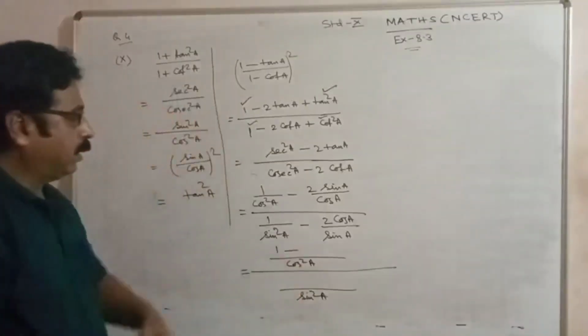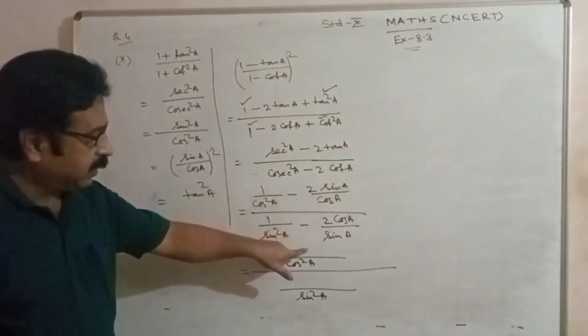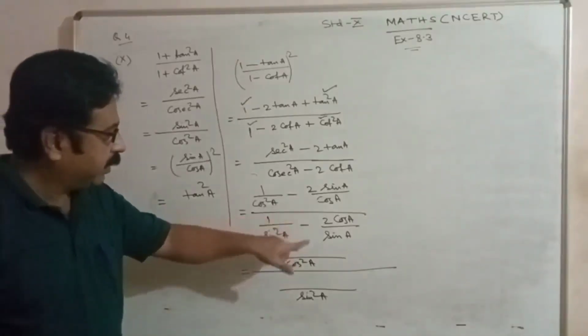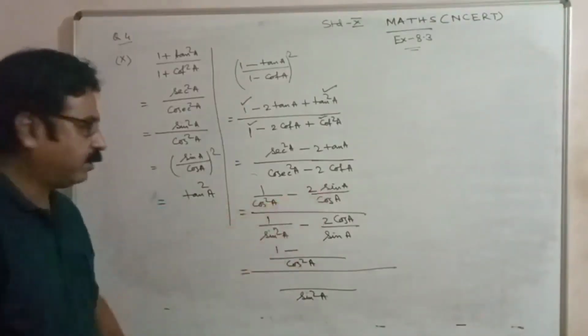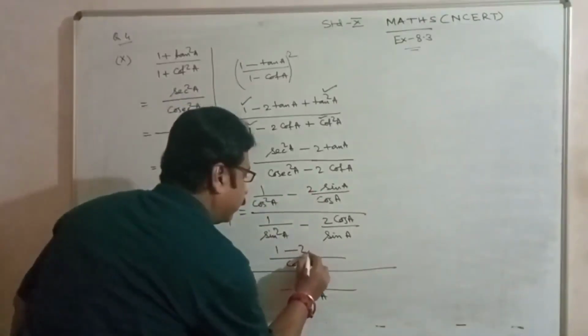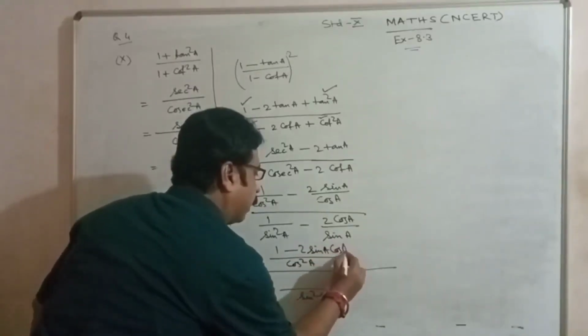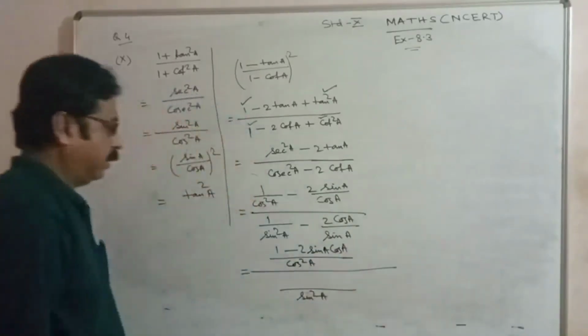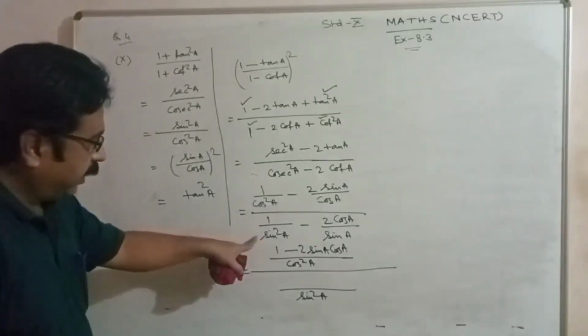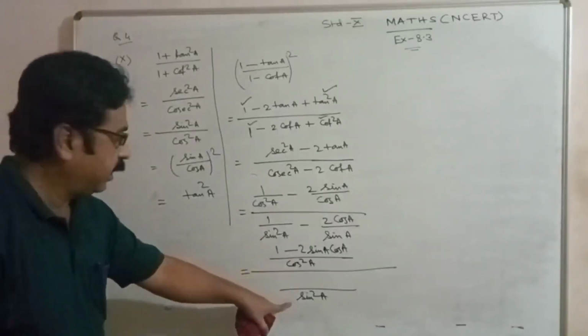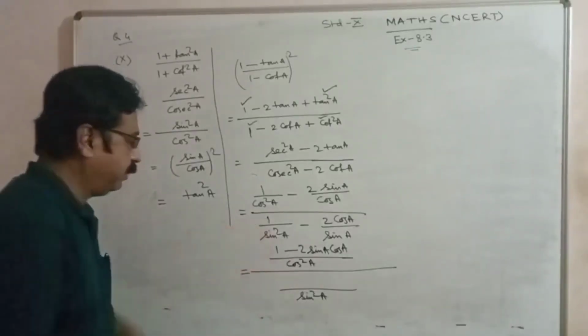Minus. Cos A into cos A is cos square A. This cos A into 2 sin A means 2 sin A cos A. Sin square A into 1 is sin square A. This 1 into this 1 means 1.